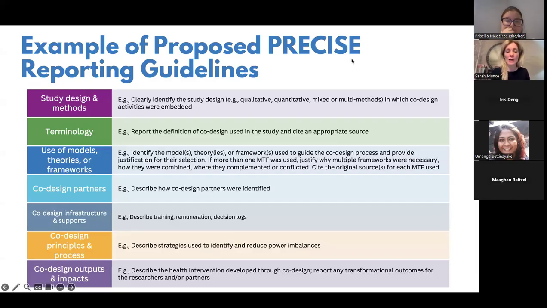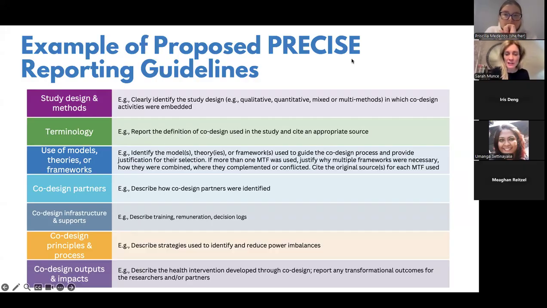Certainly, the co-design partners is an important area, asking authors to, for example, identify how co-design partners were recruited, describe the co-design partners, and distinguish between co-design partners versus participants in the process.